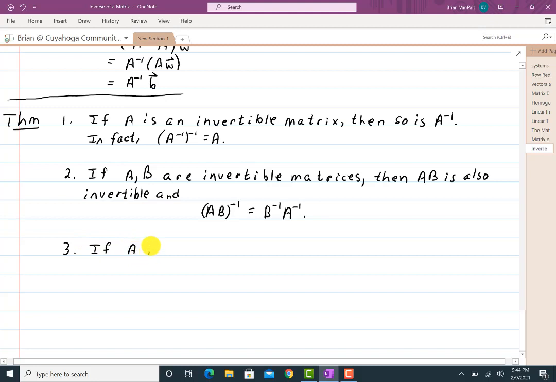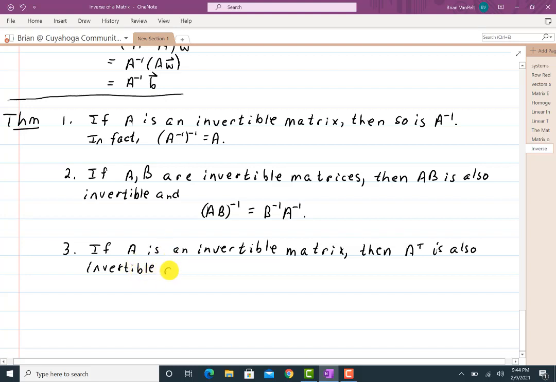If A is an invertible matrix, then A transpose is also invertible. And the inverse of A transpose is the same as A inverse transposed.